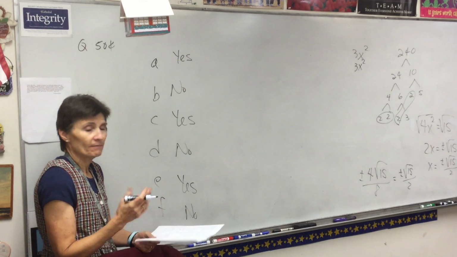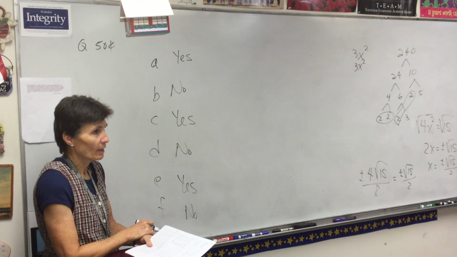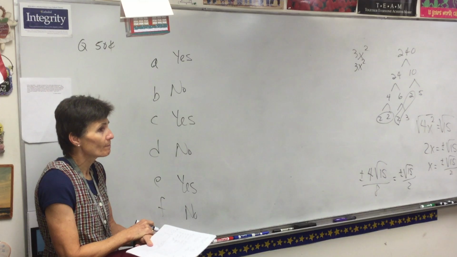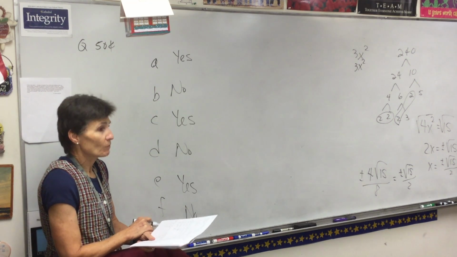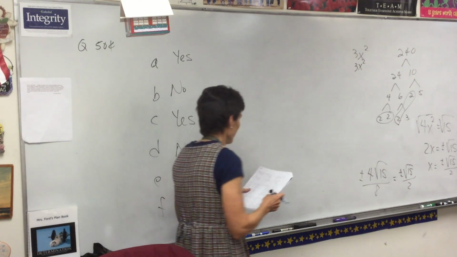That's right. How's he doing this? How do you know? How do you make that determination? Lauren? The vertical line test. It's called the vertical line test.